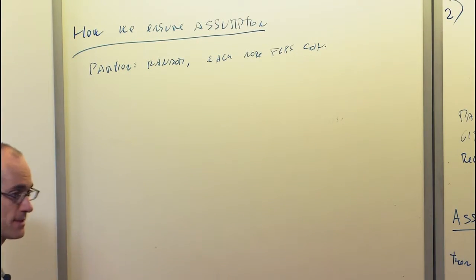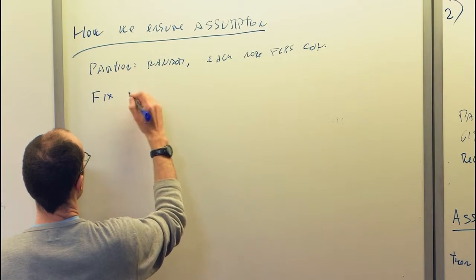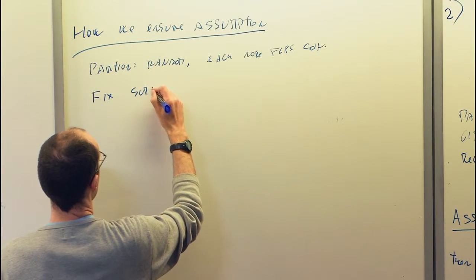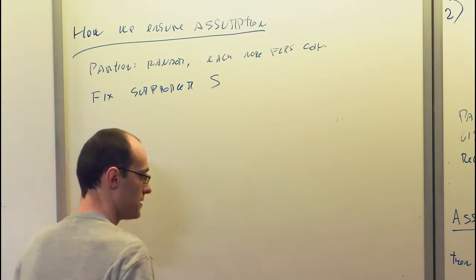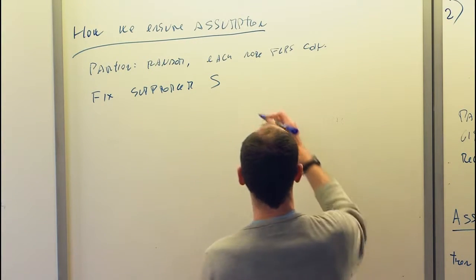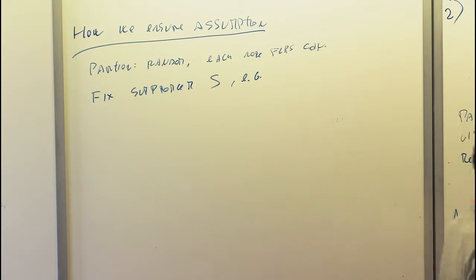And now let me consider one specific subproblem. So fix a subproblem which I'm going to call S. So what is S? For example, it is the collection of edges whose endpoints correspond to nodes that always flip 0.